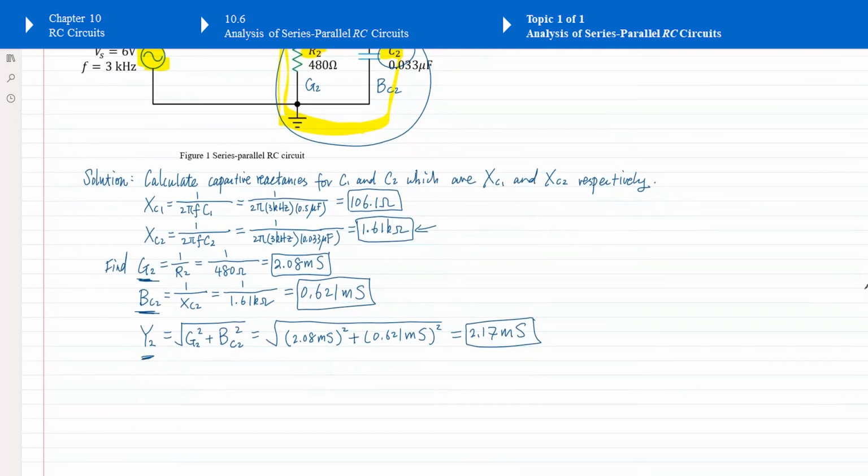Once we find the admittance, we can find the impedance. The impedance for the second branch is the reciprocal of admittance. So it is 1 over 2.17 millisiemens. Using a calculator, I got 460.83 ohm.